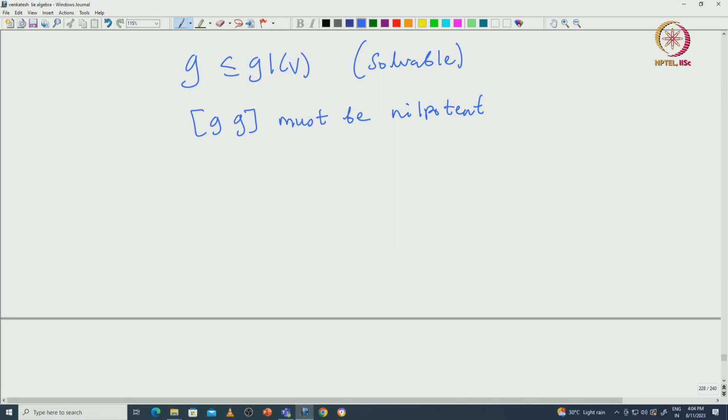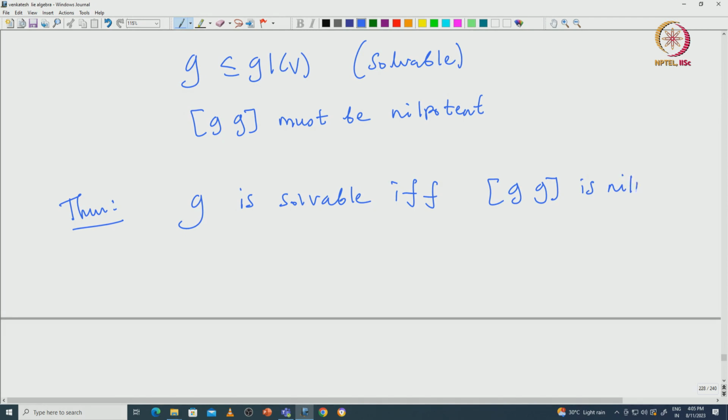Here is the theorem, it is an easy consequence of Lie's theorem. If you take g, it is solvable if and only if the derived algebra is nilpotent.